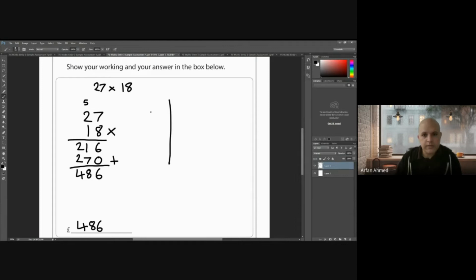And what that is basically you split the 27 into what it's made up of. So that's made up of a 20 and a 7. 18 is made up of a 10 and an 8.